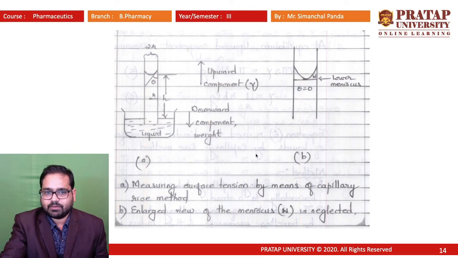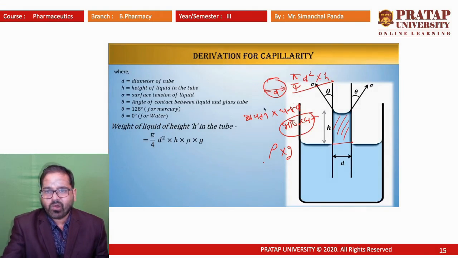From this cylinder we have to calculate. In measuring surface tension by the capillary rise method, the weight here is very small and can be neglected as 0.